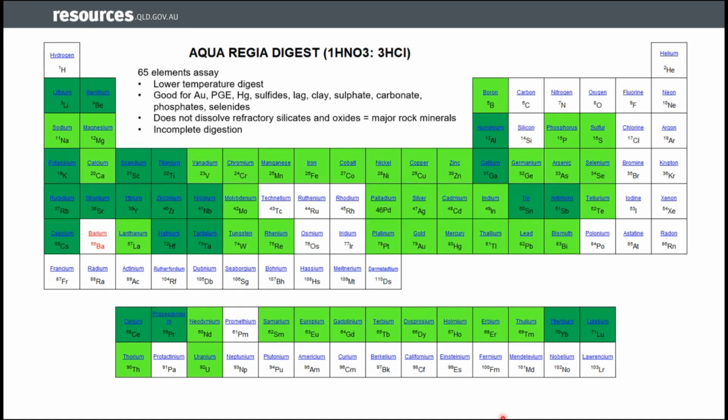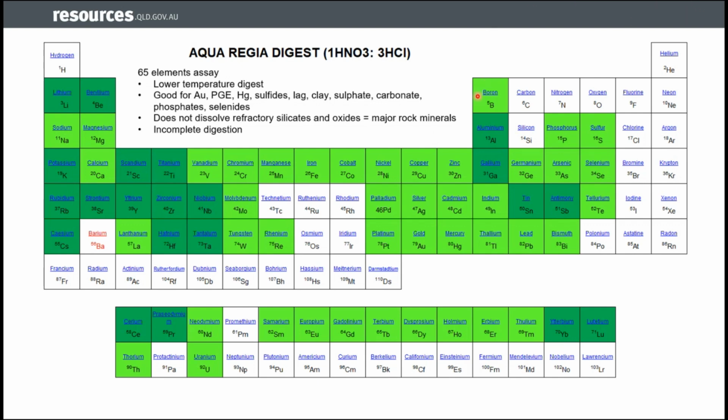Next, we look at the aqua regia. The aqua regia can effectively analyze up to 65 elements. However, we've got to remember it's not a complete digestion. It cannot dissolve oxides and silicates, which are the main component in rock itself. What is it good for?